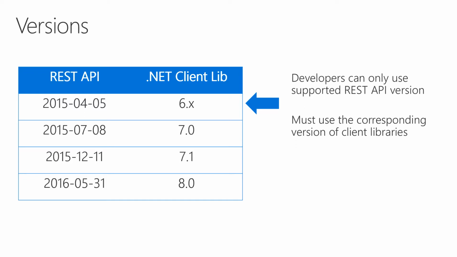So as a developer who develops solutions for Azure or Azure Stack, this is something you should take care of to make sure that your API versions are available in Azure and in Azure Stack. And this is also true for client libraries used to access storage in Azure and in Azure Stack.